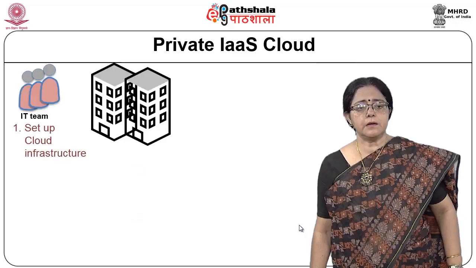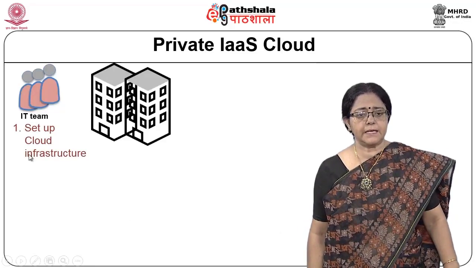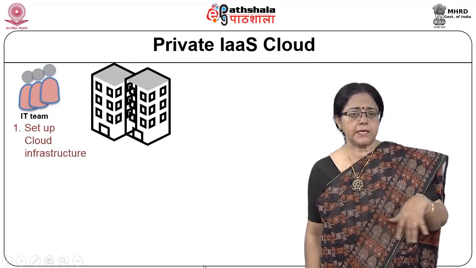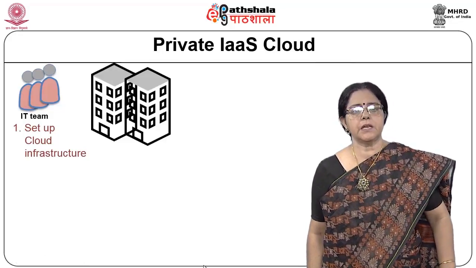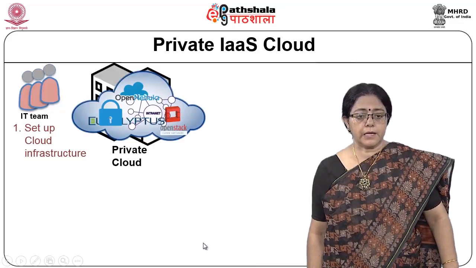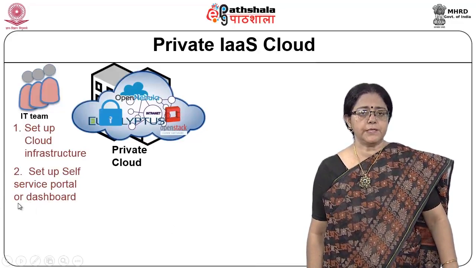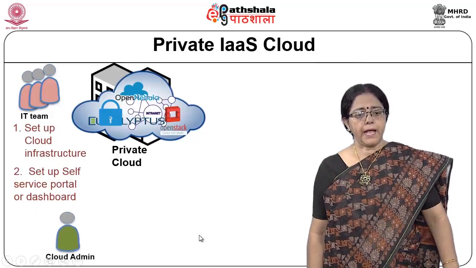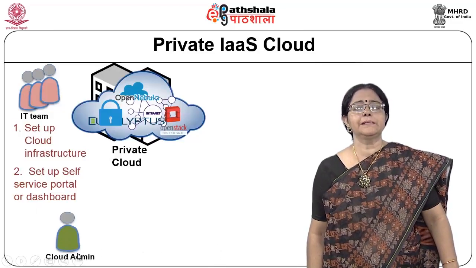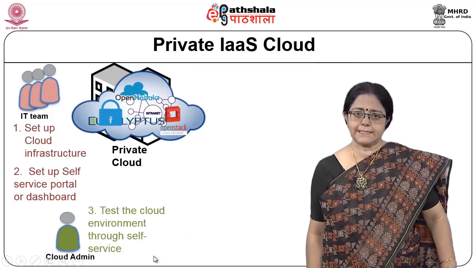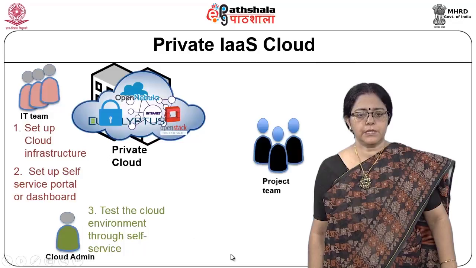So, this is the setup where the IT team first sets up a cloud infrastructure. They consolidate all the infrastructure available and create a private cloud out of it. Then they set up a self-service portal or a dashboard, and somebody has to be defined as a cloud admin, and this admin will test the environment through self-service.